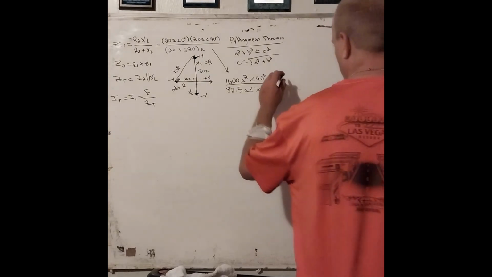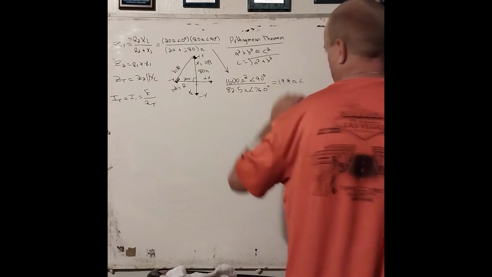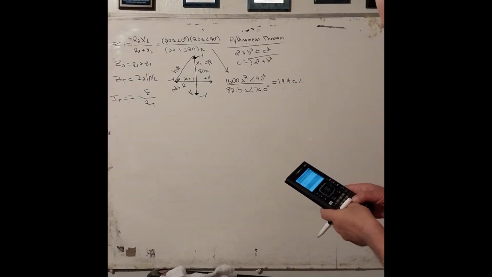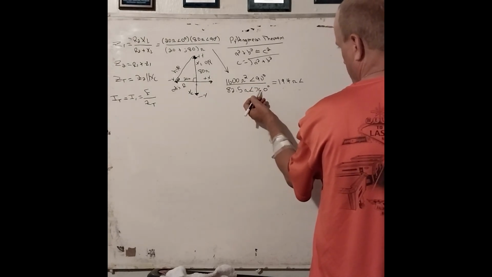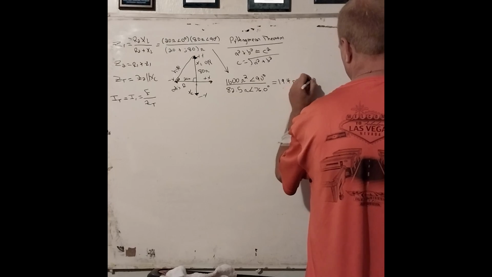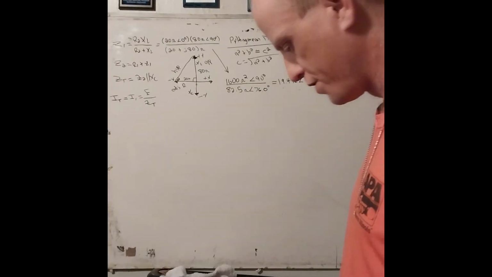So 19.4. The impedance for Z sub 1 is 19.4 ohms, and this is just the difference of 90 minus 76, which is 14 degrees, an angle of 14.0 degrees. That's Z sub 1.